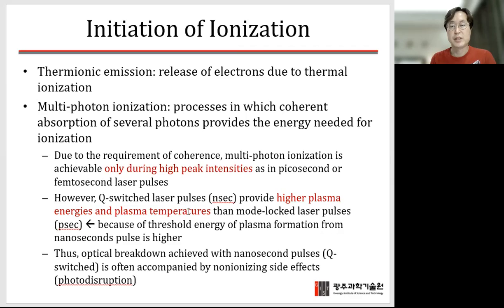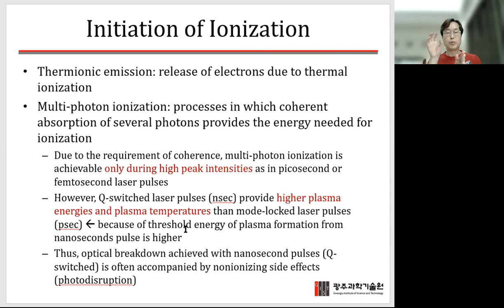However, a Q-switched laser pulse, which is the nanosecond pulse laser, can provide higher plasma energy and also plasma temperature compared with the mode-locked laser pulse, which is the picosecond. That is because the threshold energy for plasma formation from a nanosecond pulse is much higher. So in a simple way, when you are using a longer pulse, you can still make a plasma.